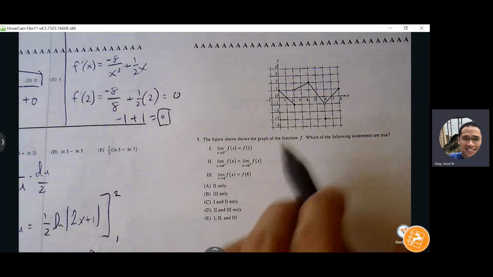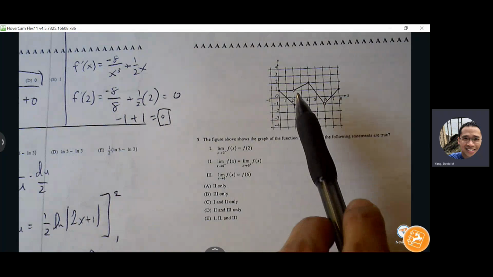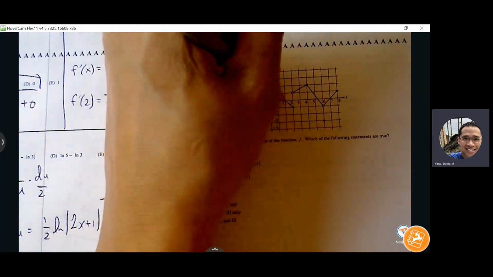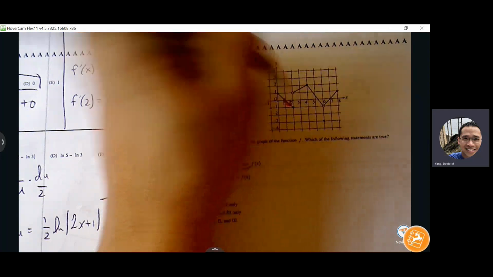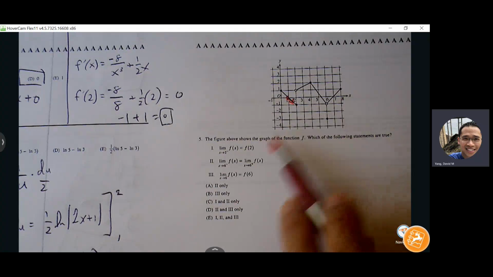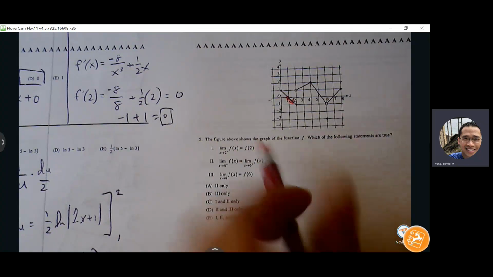Okay, which of the following statements is true? Limit as x approaches 2 from the left side of 2. So that means I'm taking a point to the left of 2, headed towards 2. It is approaching the same value as f of 2, so this is true.